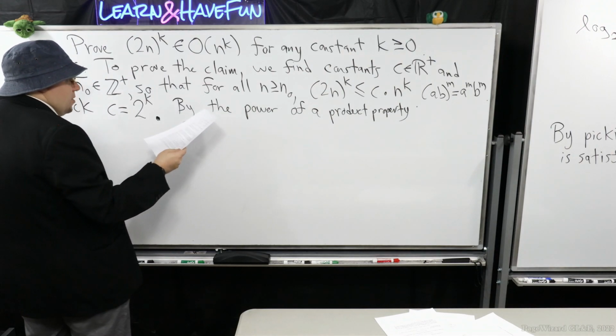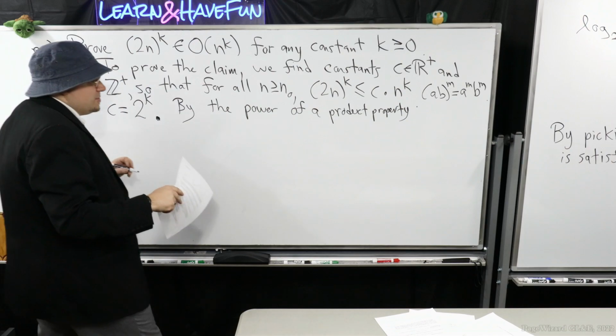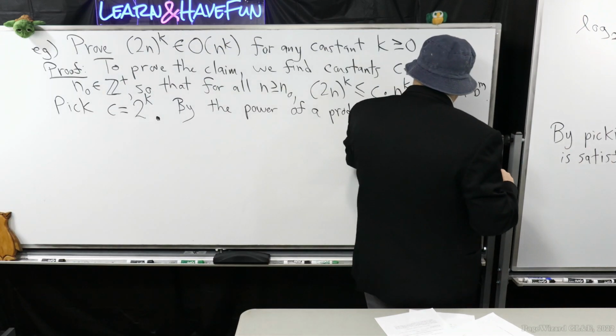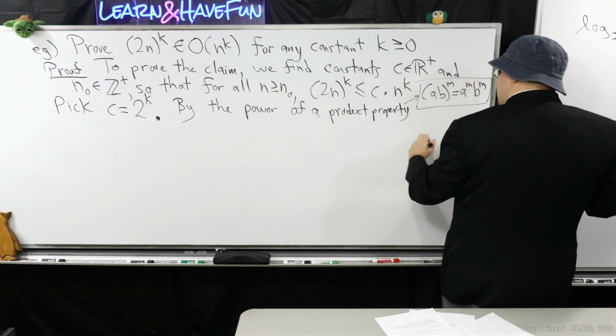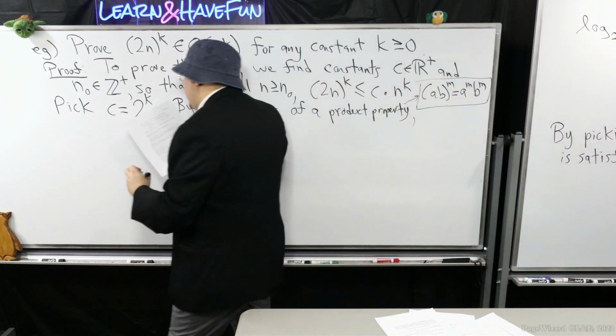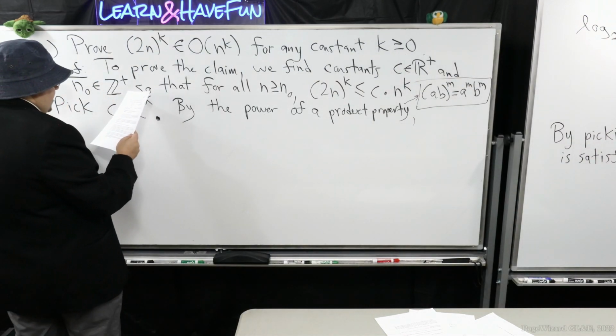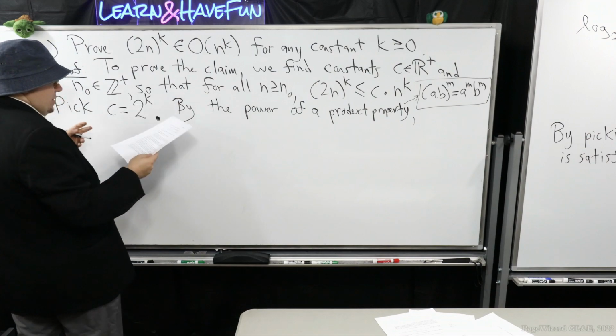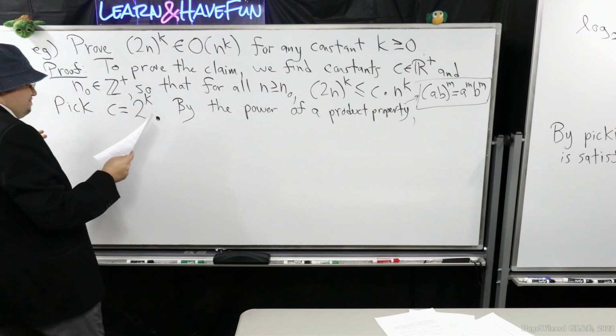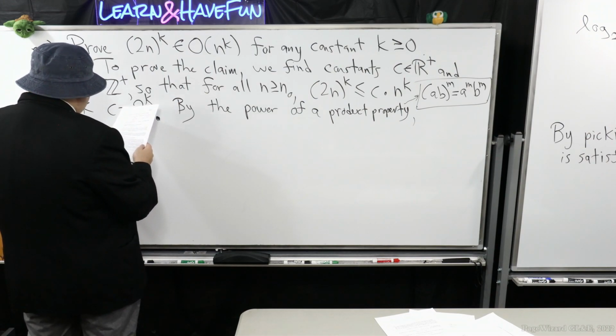So by the power of a product property, which I'm going to stress, remember, like I said, it's this. All I have to do is now do this. And you're going to notice it's going to be a lot smoother. Pun intended, okay?